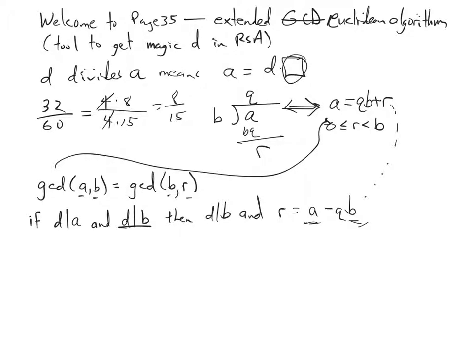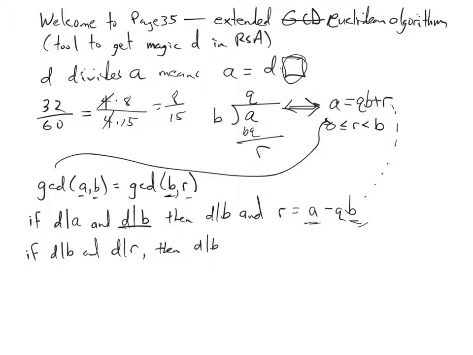Okay, for the other direction, that's kind of the easy way. So if D divides B and D divides R, we want to show then D divides A and D divides B. So now we're trying to do the converse.